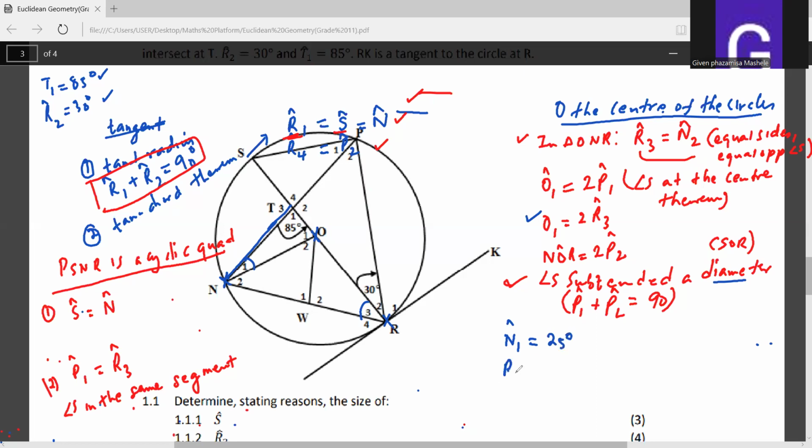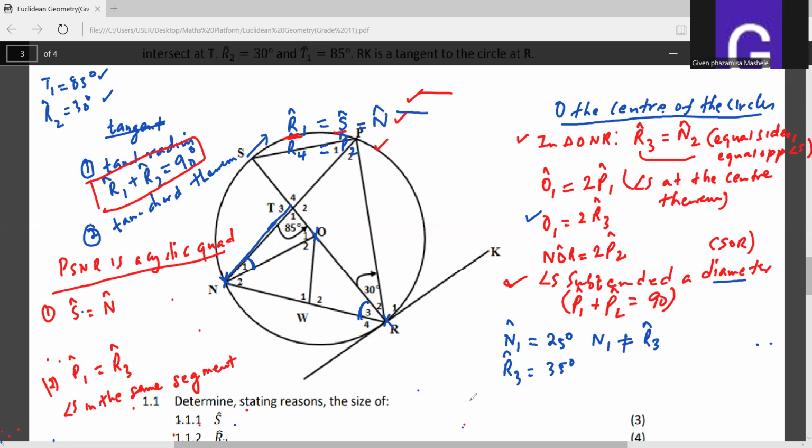And angle R3, we got it to be 35 degrees, if I'm not mistaken. You see that angle N1 is not equal to angle R3. N1 and R3 are not equal because one is 25, one is 35.